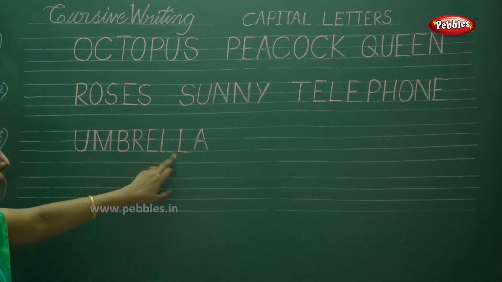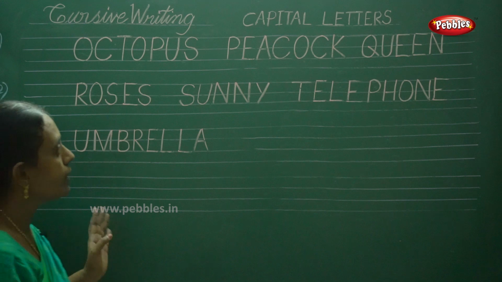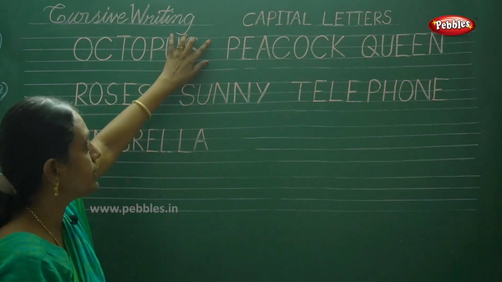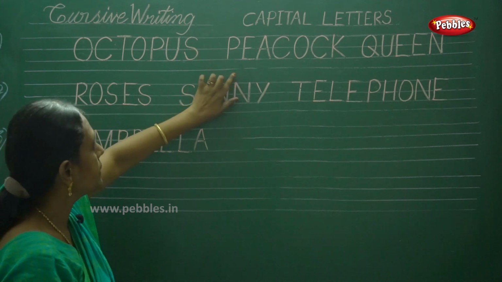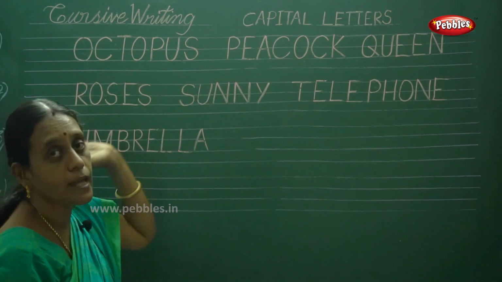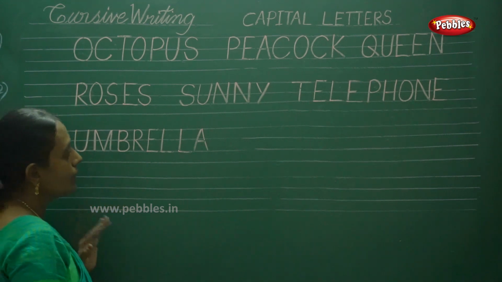Here also same 2 L. So that should be similar in shape and size. And all our caps alphabets lie between the ascender top and bottom. No alphabet comes out of the bottom line, and no alphabet touches the descender line in our capital font. Listen children. Okay, understand? Umbrella.